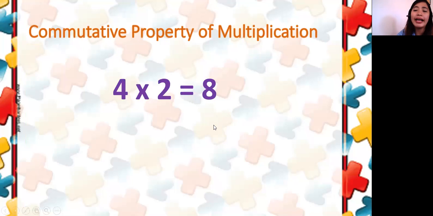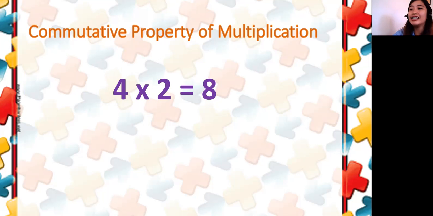For example, I have here 4 times 2 is equal to 8. How can you write 4 times 2 the other way, showing the commutative property of multiplication? Any guess? Very good, that's correct.